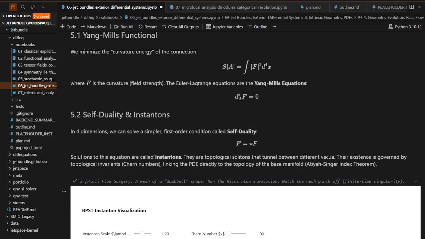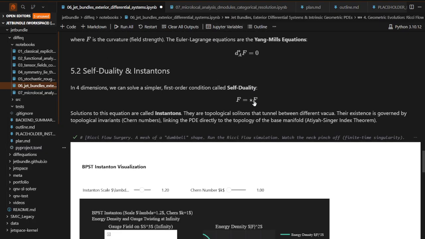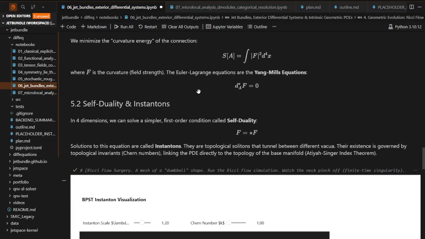And so in 4 dimensions, the curvature form becomes simpler, because the solutions to these are said to be mathematical objects called instantons.